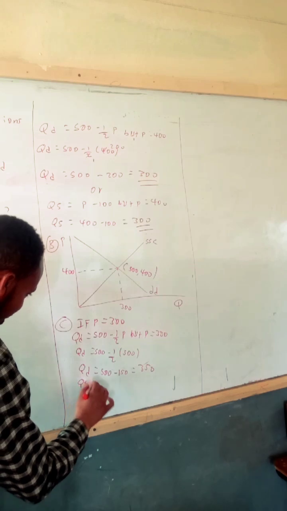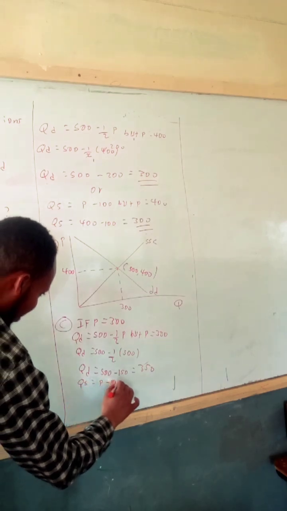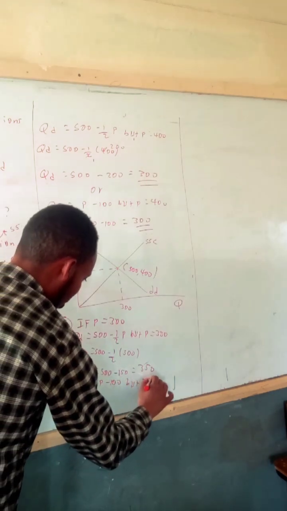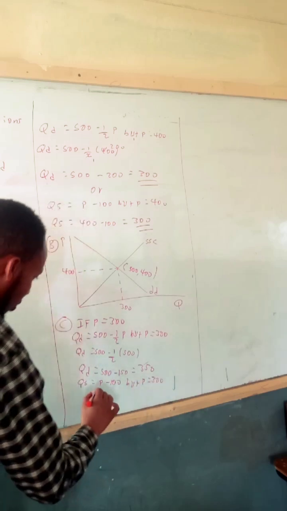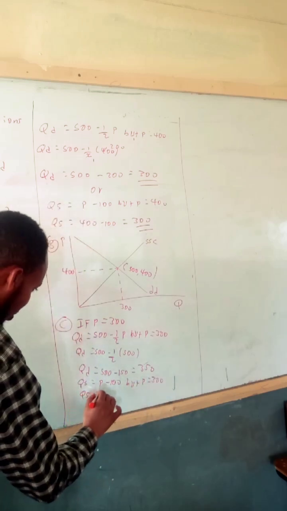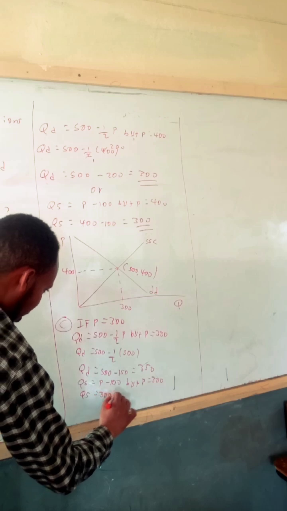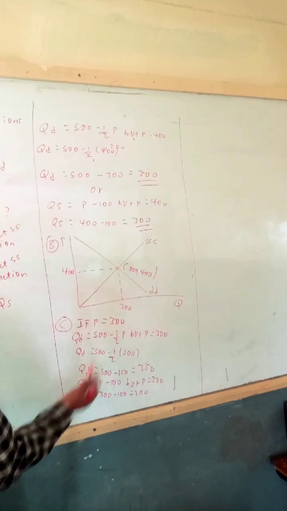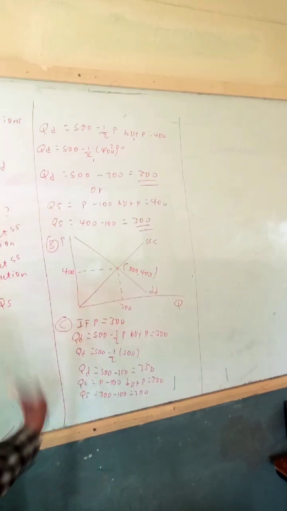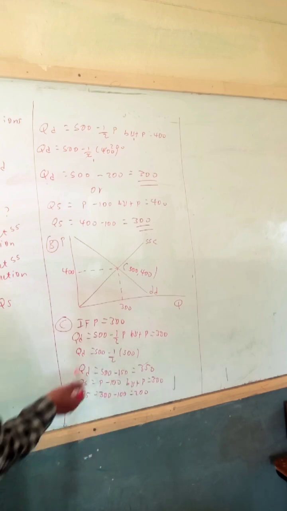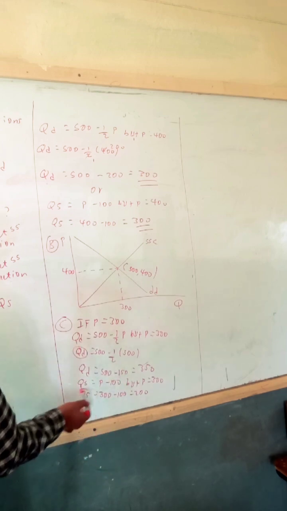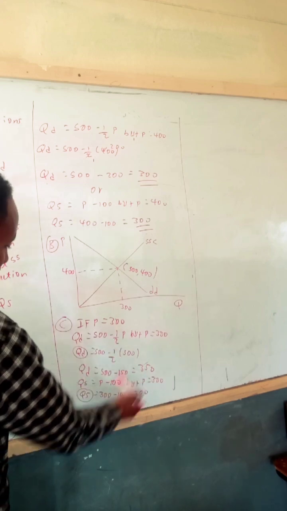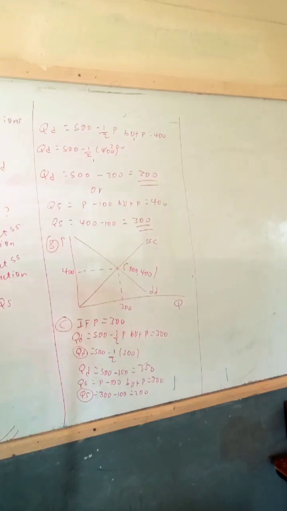Quantity supply, we can say, is P minus 100. But P is assumed to be 700. Therefore, quantity supply is equal to 700 minus 100, which is 600. Therefore, to say whether it is a shortage or surplus, you must compare quantity demand with quantity supply. If quantity demand is greater than quantity supply, there is a shortage.